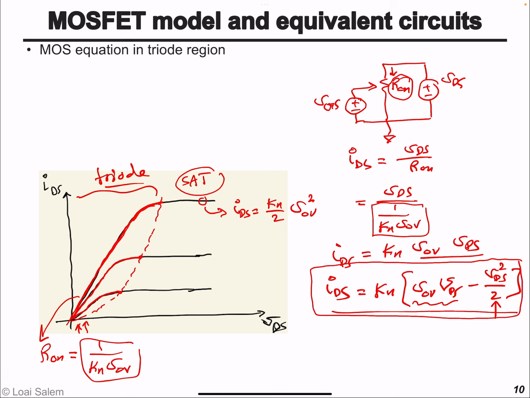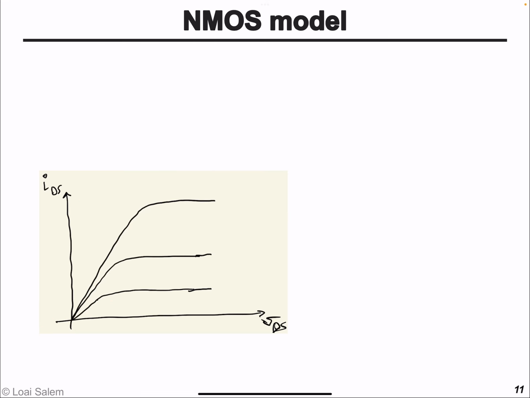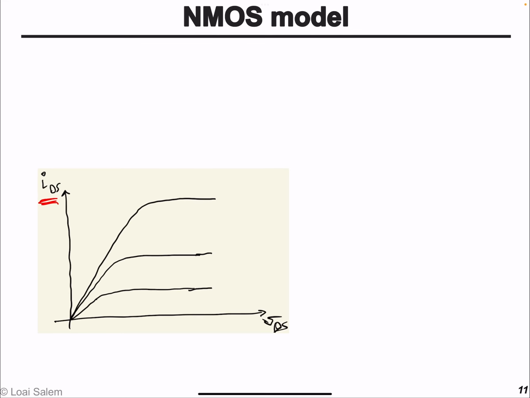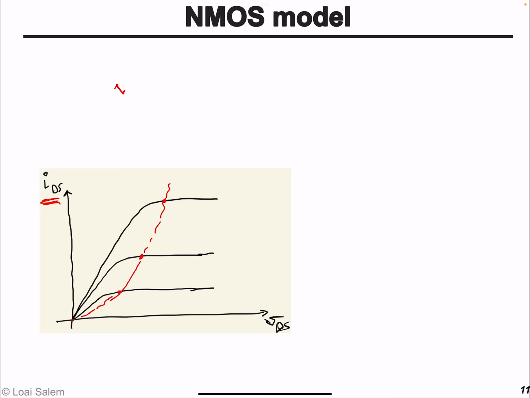So let's summarize the equation or the model of the current in the transistor in different regions. First of all, IDS has 3 parts or 3 equations.